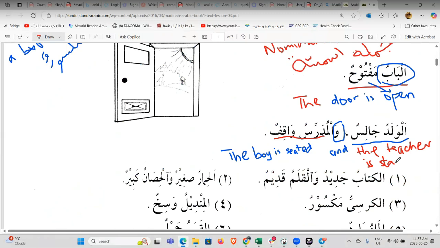So we have introduced nominal sentences. We've also introduced how to connect two nominal sentences with and, and let's take a look at more examples.